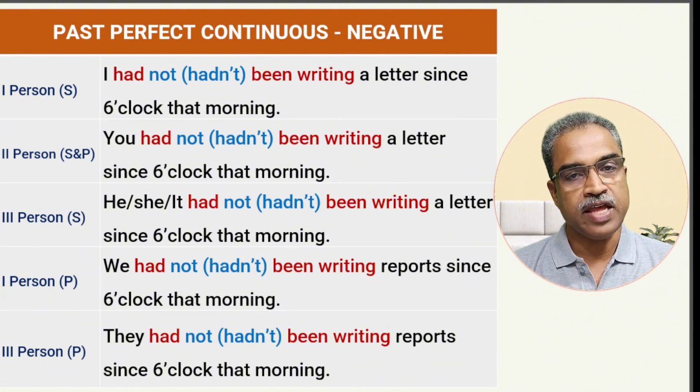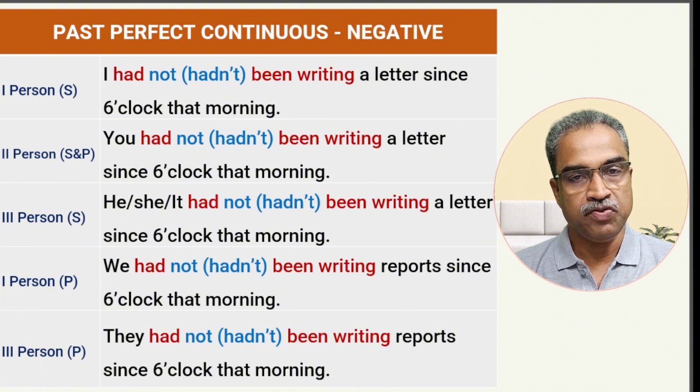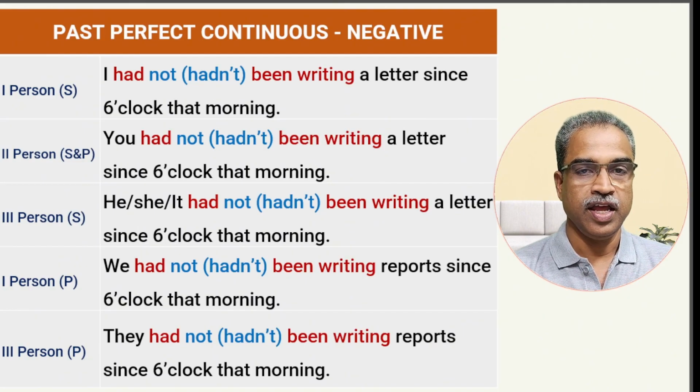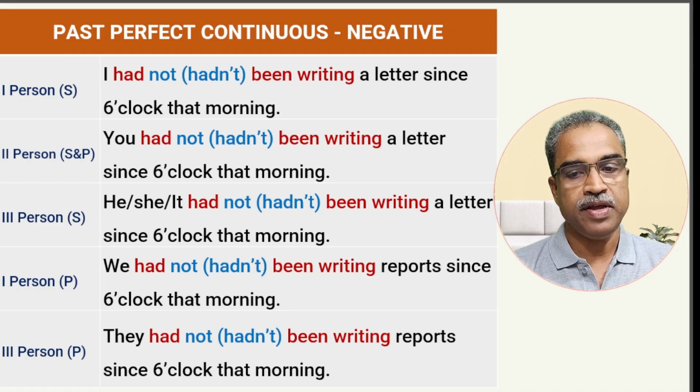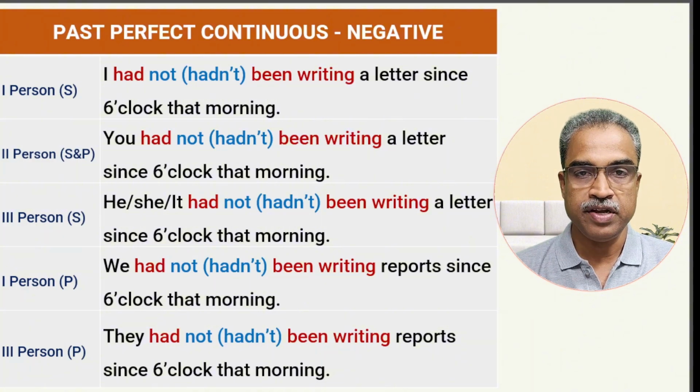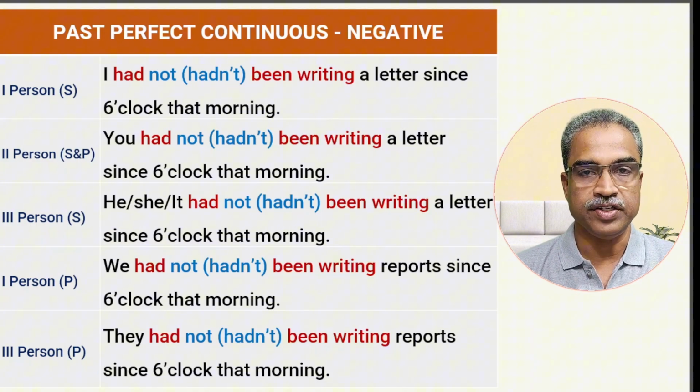And then similarly, you had been writing will become you had not been writing. He, she, it had been writing will become he, she, it had not been writing. He had not been writing, or else he hadn't been writing, she hadn't been writing, it hadn't been writing.